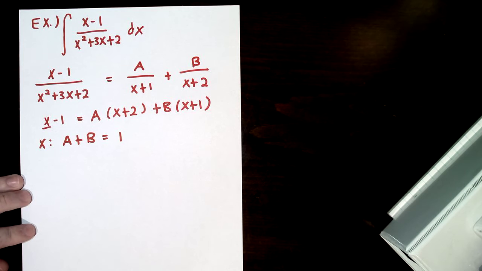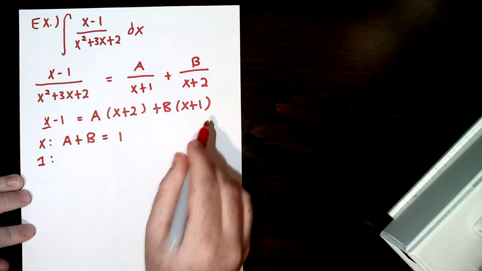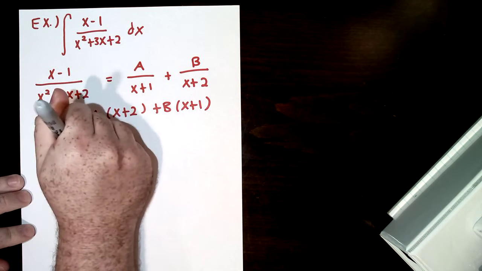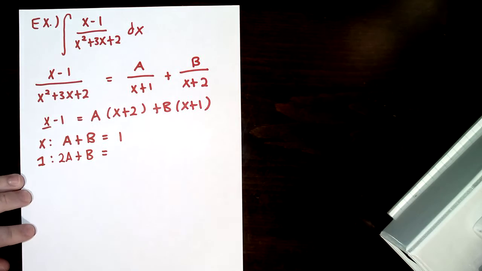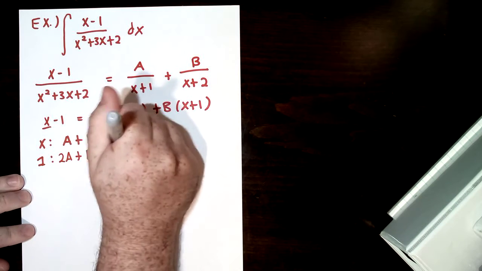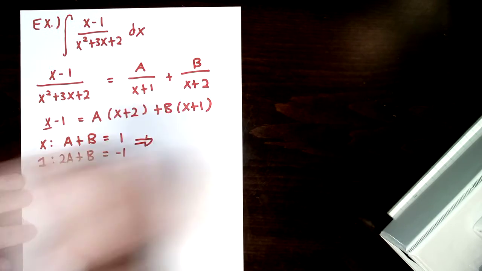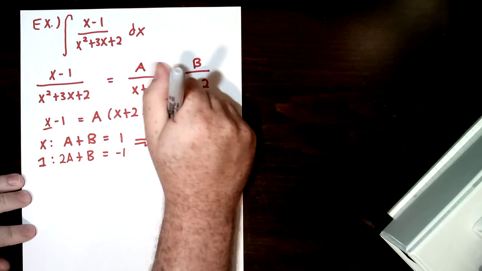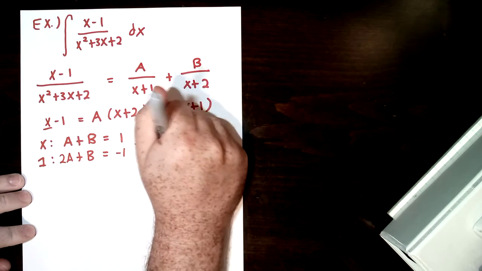And then let's take a look at our constant term. I'll call it the 1 term. Well, we have 2a and b, so 2a plus b is going to be equal to, well, the coefficient of our constant term is minus 1. And this is a very easy linear system to solve by substitution, and you will get that a equals negative 2 and b equals 3.